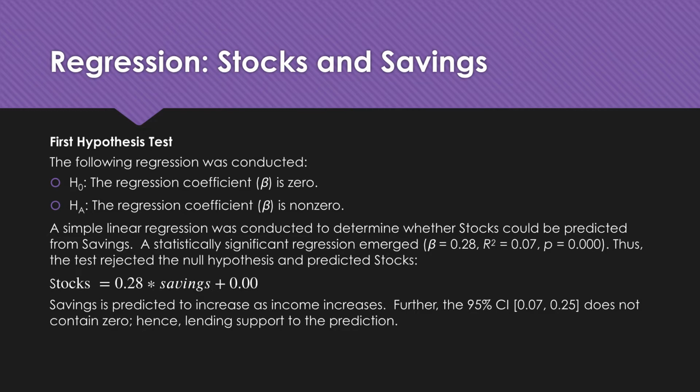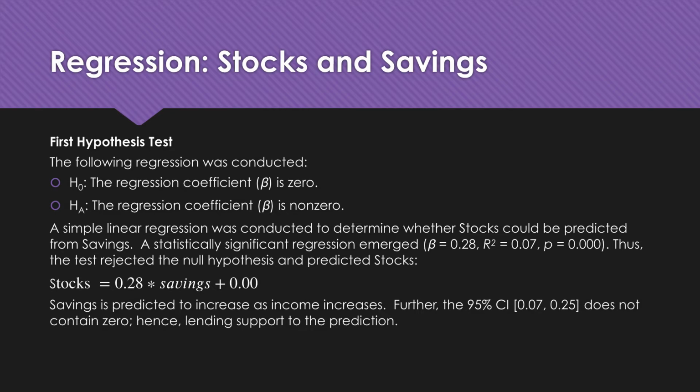The question here is whether stocks could be predicted from savings. The null hypothesis is that the regression coefficient is 0, and the alternate hypothesis is that the regression coefficient is non-zero. A simple linear regression was plotted to find out whether stocks could be predicted. Using the PSPP tool, when we analyzed the regression, we got a p-value of 0.000, which is much lower than 0.05.